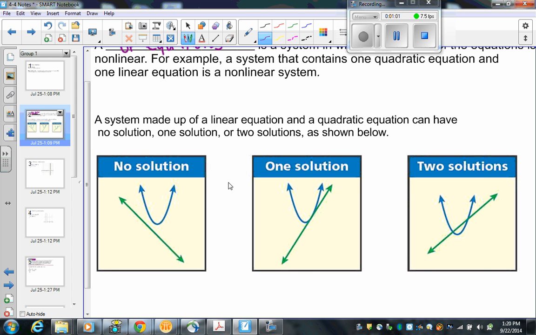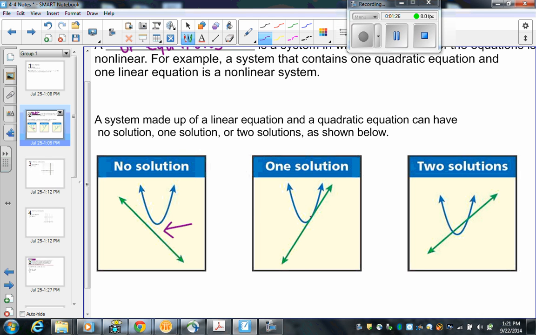In the pictures below, it says a system made up of a linear equation and a quadratic equation can have no solution, one solution, or two solutions, shown below. This picture set does not have a solution because they never intersect. The solution is the point or points at which the quadratic equation and the linear equation intersect.